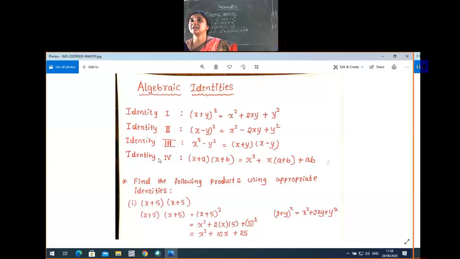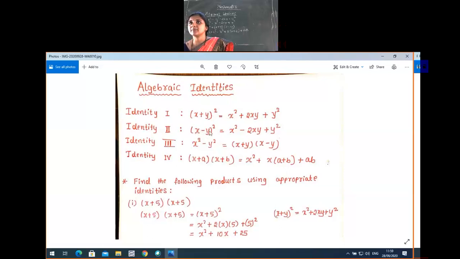Then identity 4 is x plus a into x plus b, which is equal to x square plus x into a plus b plus ab. So these are the 4 identities. Today we are going to use these 4 identities for the problems. So I want to recall: a plus b whole square is a square plus 2ab plus b square.